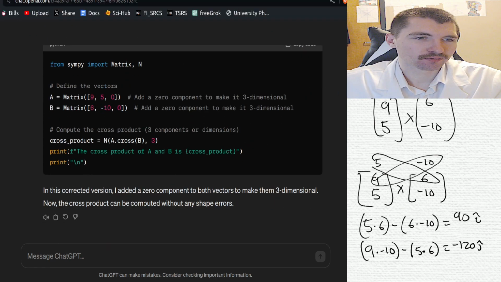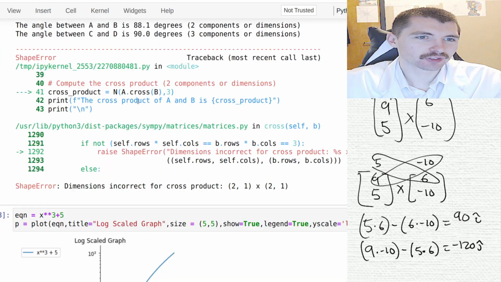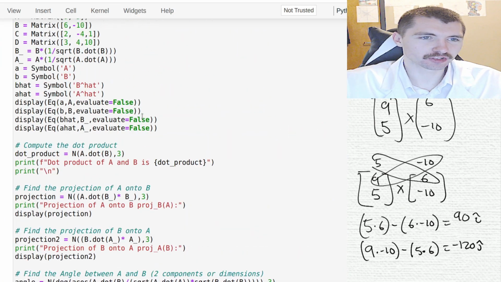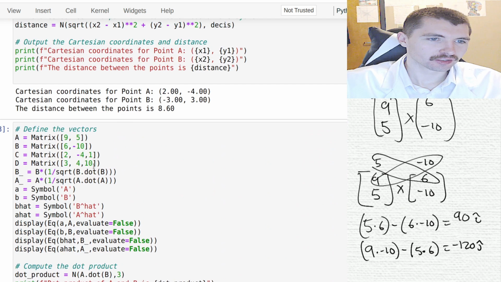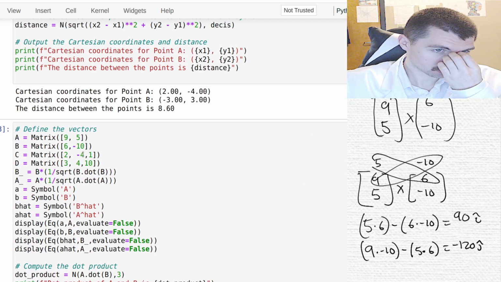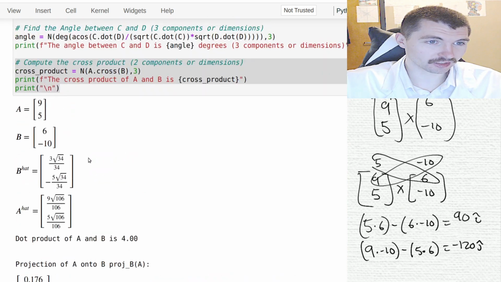Okay. That's not a solution I was expecting. So, okay, I guess we'll do C and D.